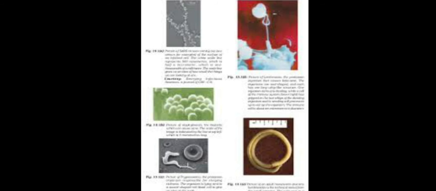The mode of spreading is through microorganisms, air, water, food, and this can be prevented by using antibiotics like penicillin, which was invented by Alexander Fleming.